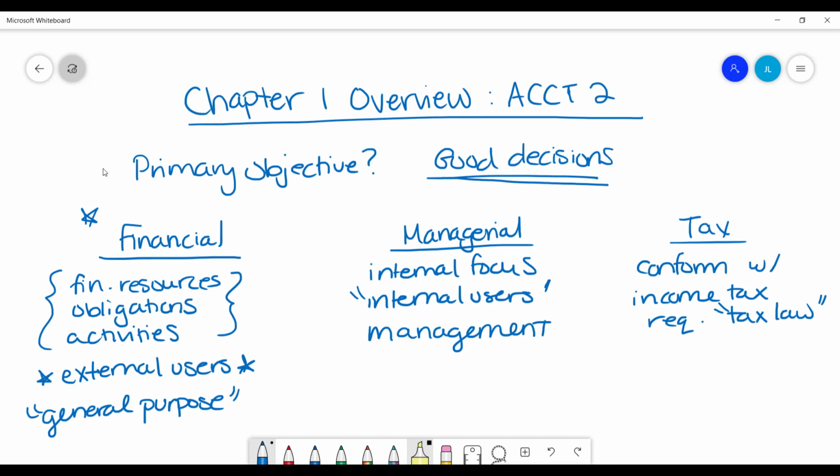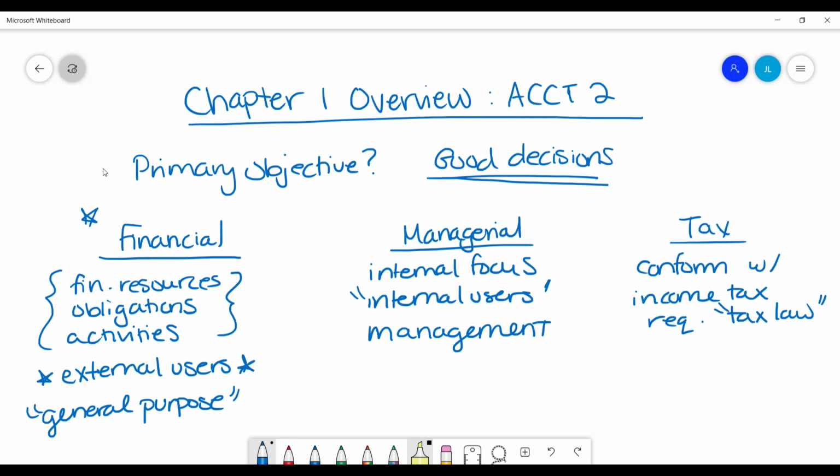The laws and regulations are often different for tax accounting information than would apply to, let's say, financial or managerial accounting information. This is why tax is an entirely separate part of accounting all on its own, because it's so specific.